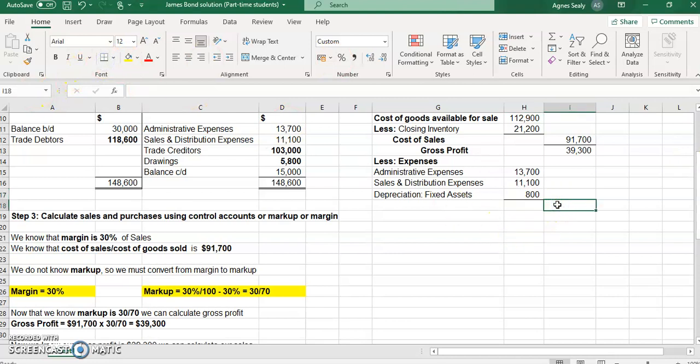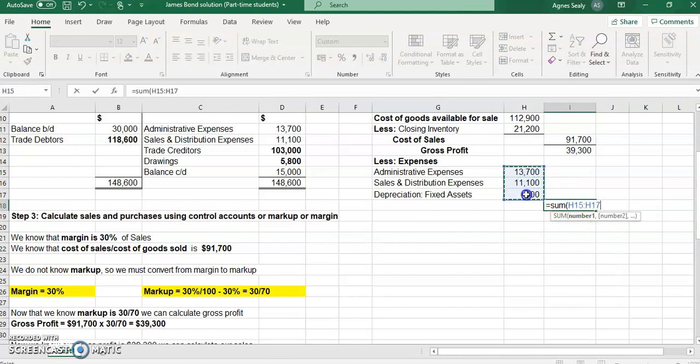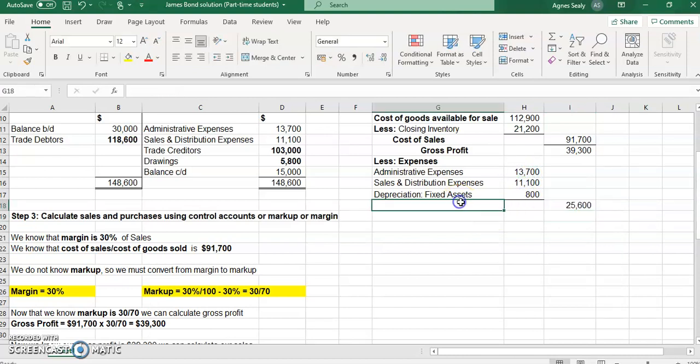So we're going to total our expenses. So our total expenses are $25,600. $25,600 will be our total expenses.